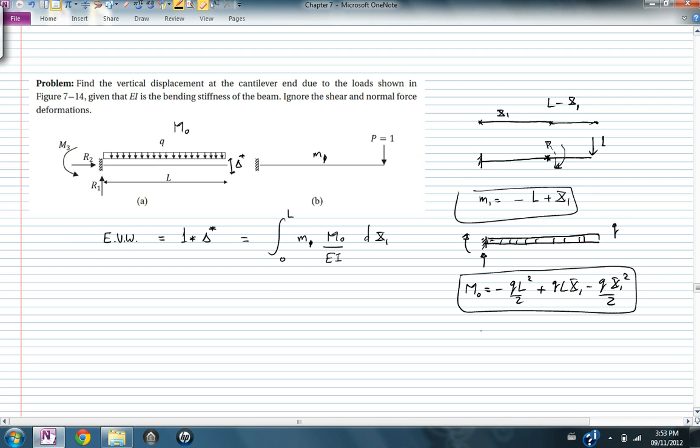So this is M naught and M1. Let's just draw M naught. It looks like this. So this is M naught.